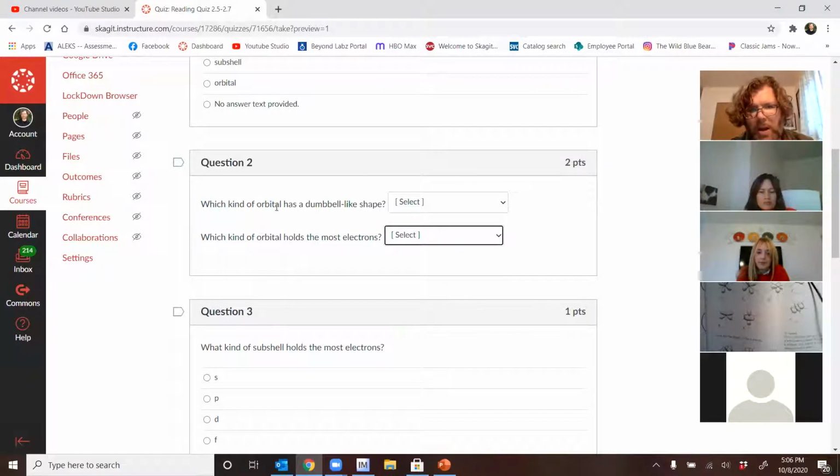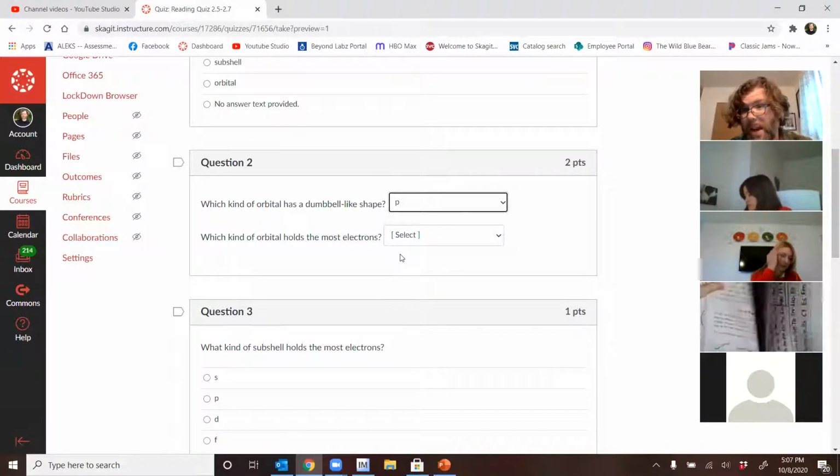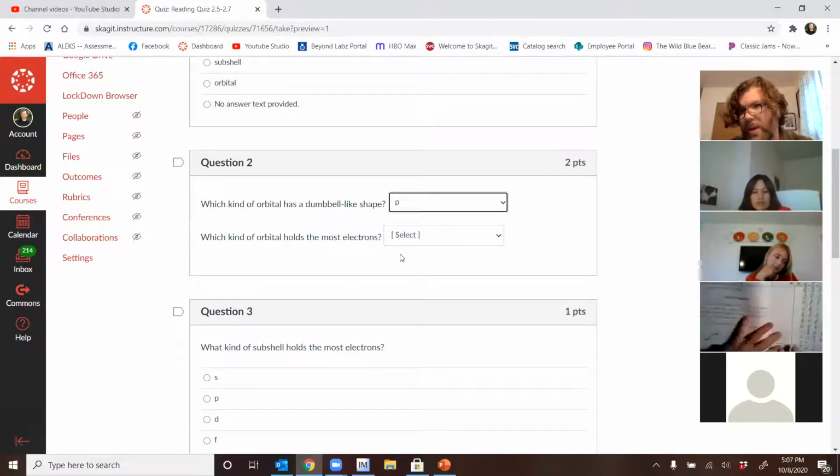Okay. So which kind of orbital has a dumbbell-like shape? All right. Now, if you look at your pictures of what different kinds of orbitals look like, the S subshell only has 1 orbital and it's spherically shaped. The P subshell is the one that has the 2 lobes on it, kind of like a dumbbell.